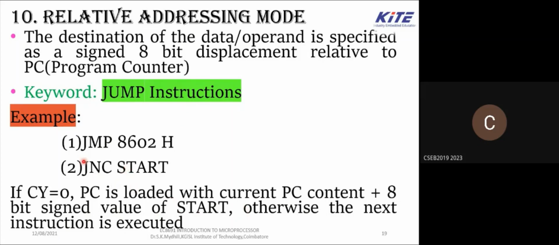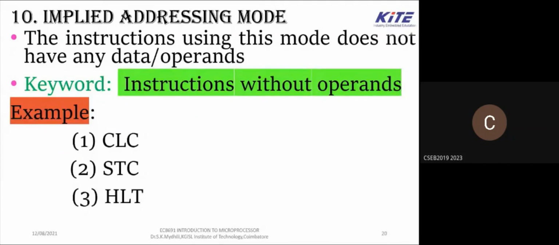The next and last is the implied addressing mode. So it is the 11th mode. Sorry, I didn't change the slide. The implied addressing mode means the instruction does not have any operand. You can see here the instructions are given directly without any operands.